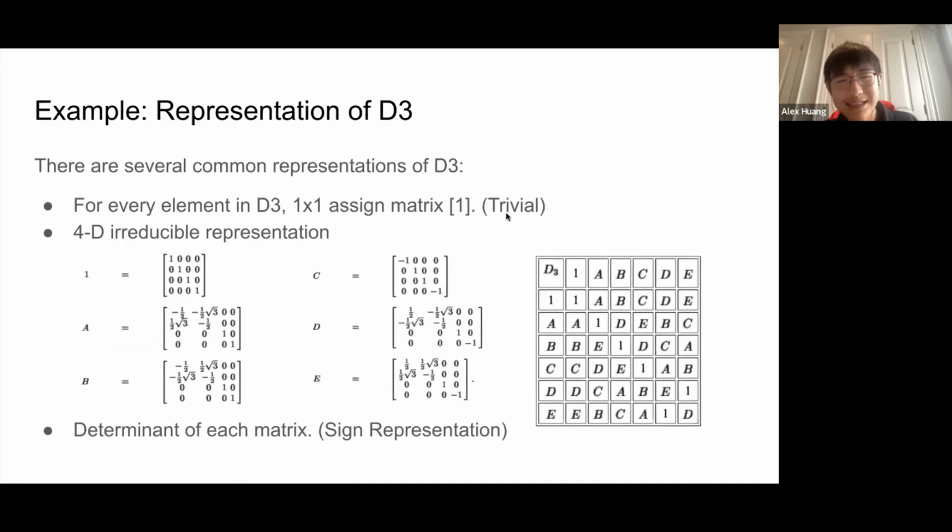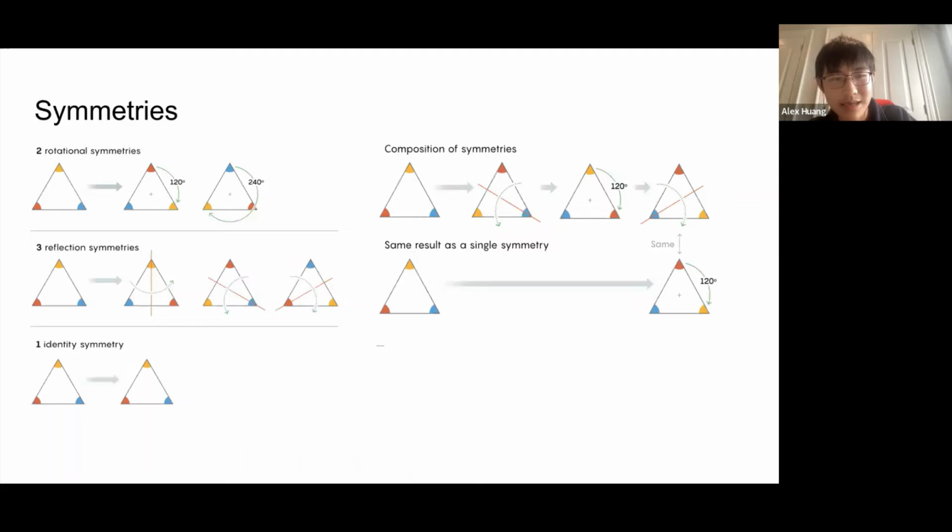So the first one is a trivial representation, which is you basically assign a 1-by-1 matrix. What I mean by 1-by-1 matrix is just a real number. Assign the number 1 to every single element in D3. This is a silly representation because think about it, no matter what you compose, for example, you compose rotating it 120 degrees with rotating it 240 degrees, the matrix that represents both of the actions is 1, right?